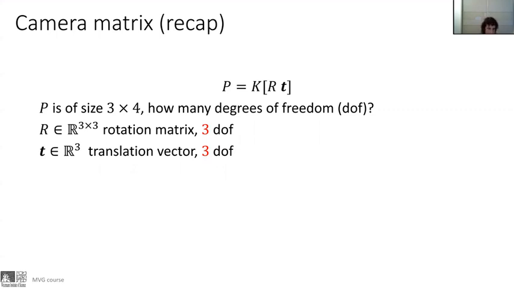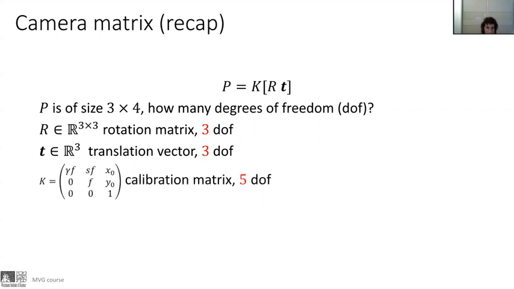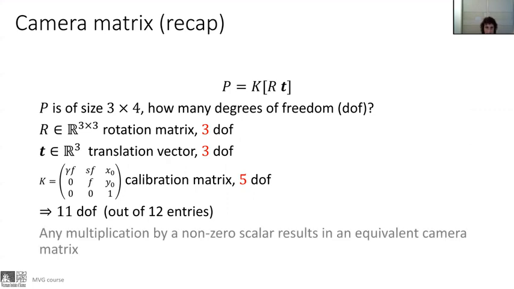Then I have the calibration matrix, let's count 1, 2, 3, 4, 5 degrees of freedom. It means that we have 11 degrees of freedom out of 12 entries of the camera matrix. This is since any multiplication of the matrix by a non-zero scalar gives an equivalent matrix.